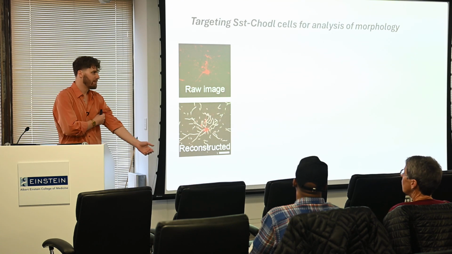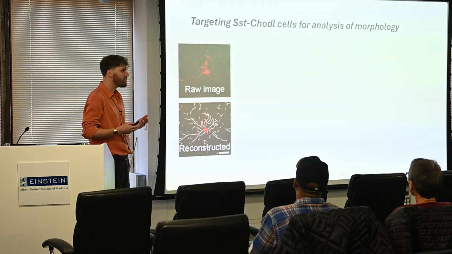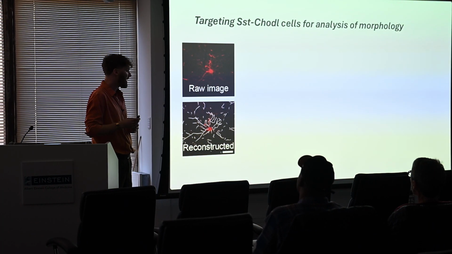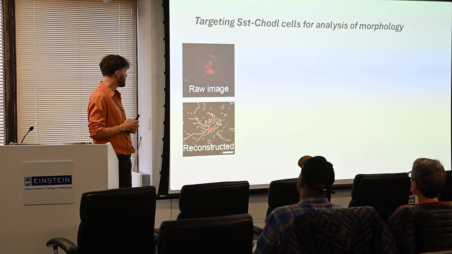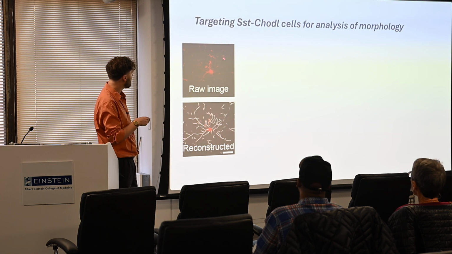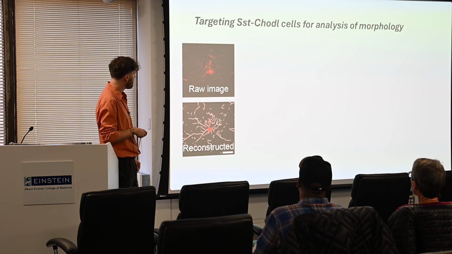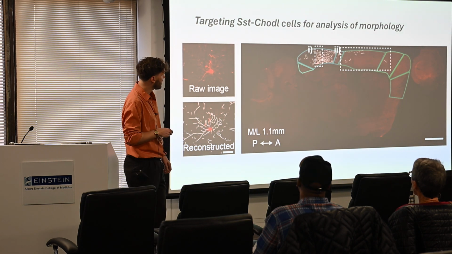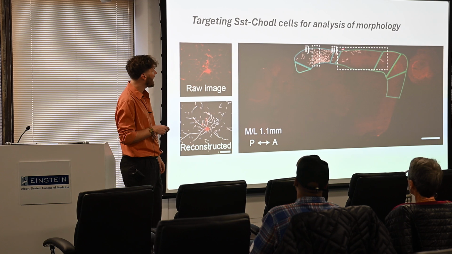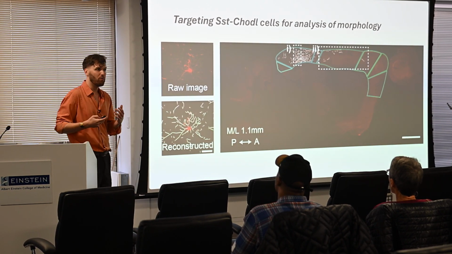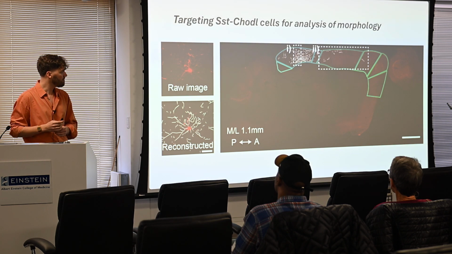We wanted to quantify these images, and we did so with the help of a really talented team of undergraduates and local high school students who really put in a lot of work to take these images where we have our labeled cells and reconstruct all of the arbor that we can see in these cells. We register this reconstructed data to atlases of the mouse brain, allowing us to know what areas these projections are in.